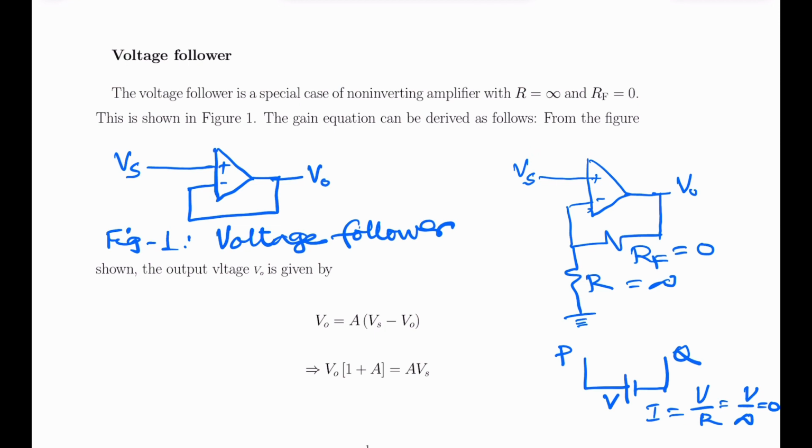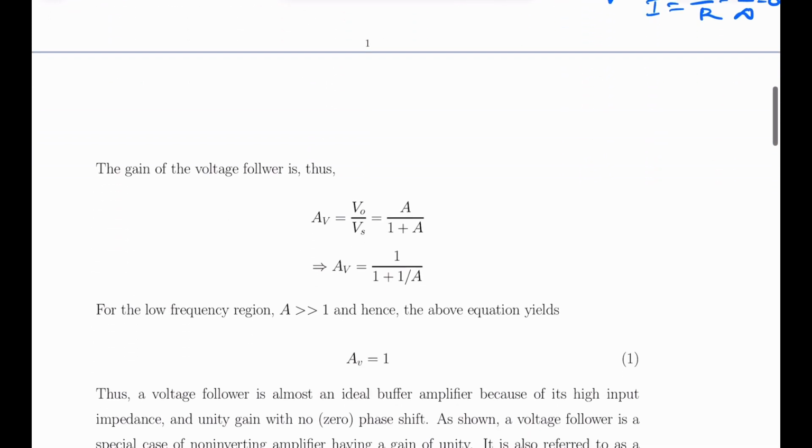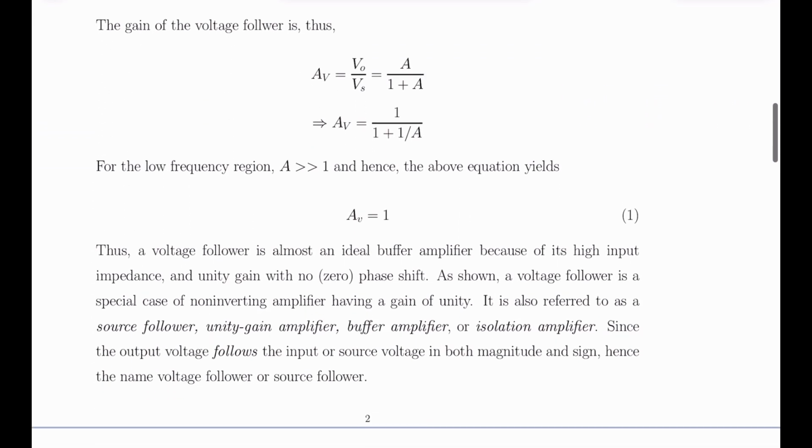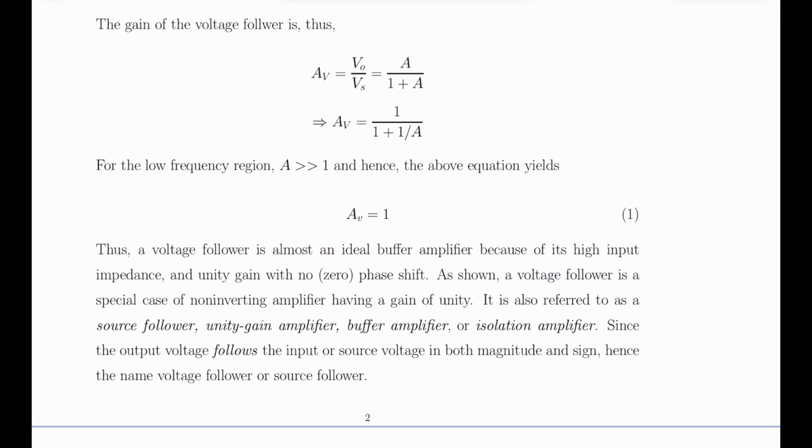That is to say, V0 into (1 plus A) is A Vs. The gain of the voltage follower is thus Av equal to V0 upon Vs equal to A upon (1 plus A), or Av equal to 1 upon (1 plus 1 upon A).